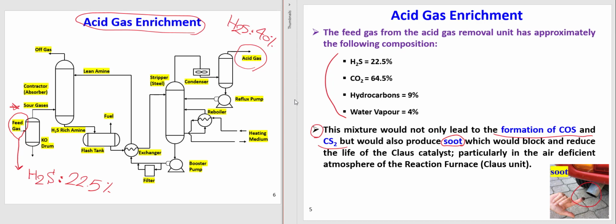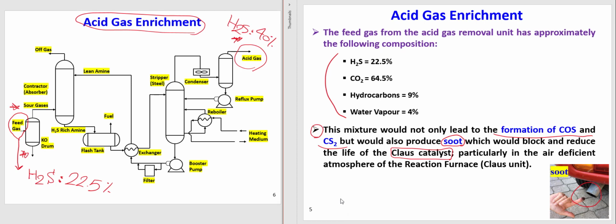If this soot, which is available in this stream, goes to the Claus reactor, as I showed you, in the Claus process we have both reactor and furnace, the soot can poison the catalyst. It can deactivate the catalyst, and it can reduce the life of the catalyst, so it decreases the efficiency of the process.